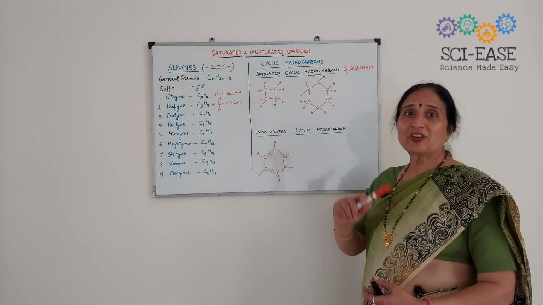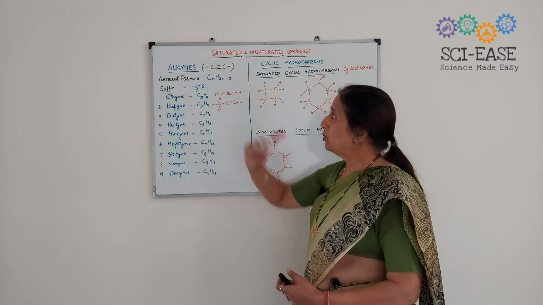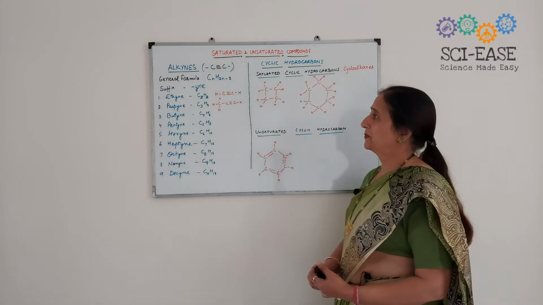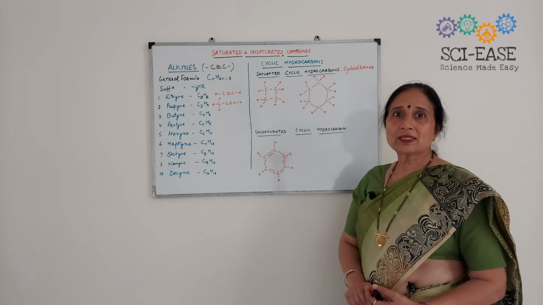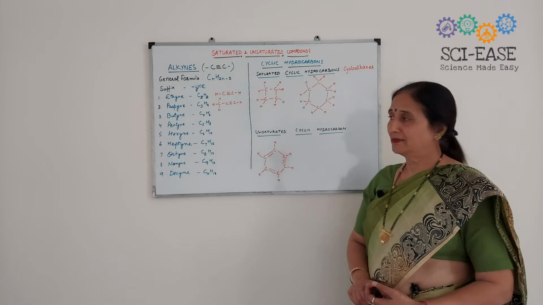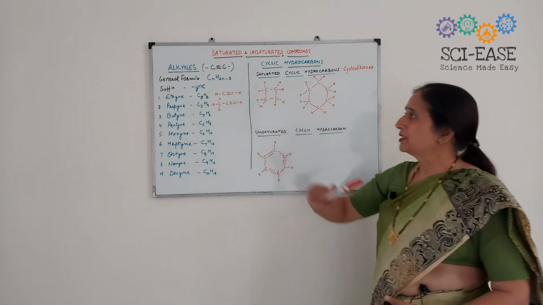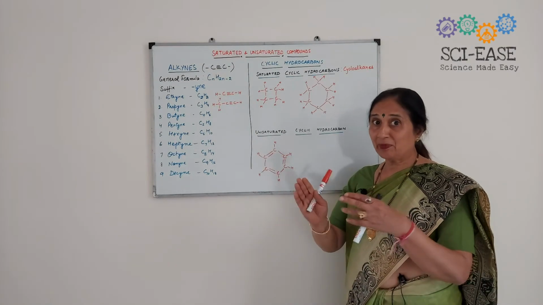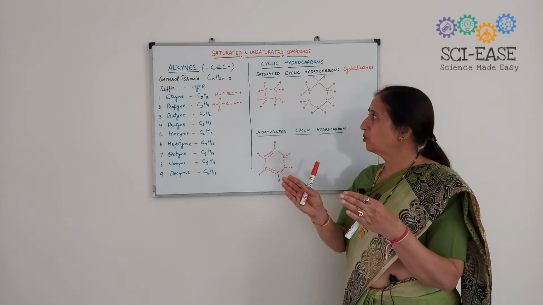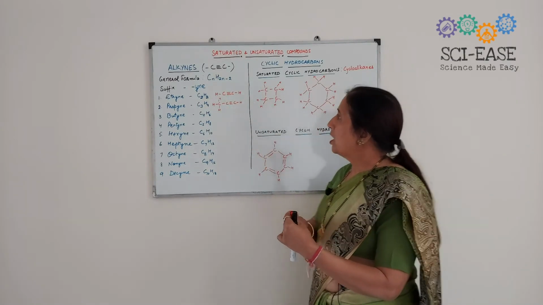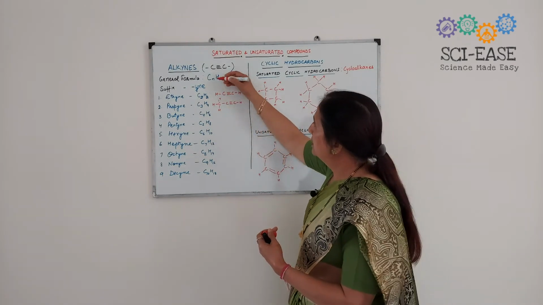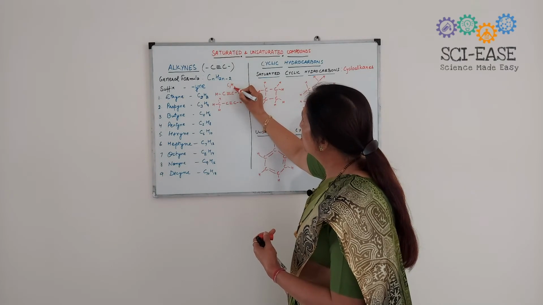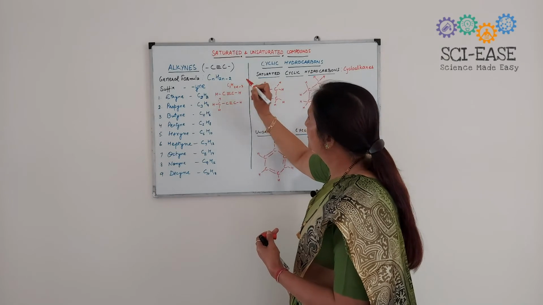Now, come to the general formula. The general formula of alkynes is CnH2n-2. And the suffix used here is yne, ine. The first member of alkynes is ethyne. It is again between 2 carbon atoms, a triple bond. So, how will you deduce the formula? C1H, 2 multiplied by 1 minus 2.